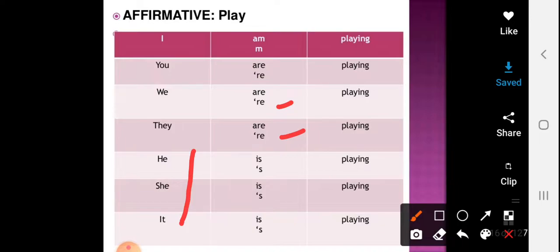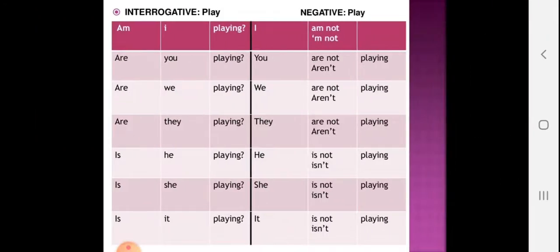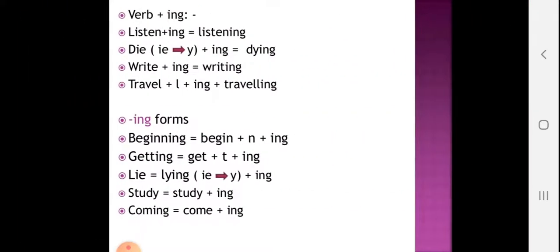Right? These are the rules. And when we convert the same sentences into interrogative, you see, the helping verbs come at the beginning. In all the sentences, the helping verb comes at the beginning, right?